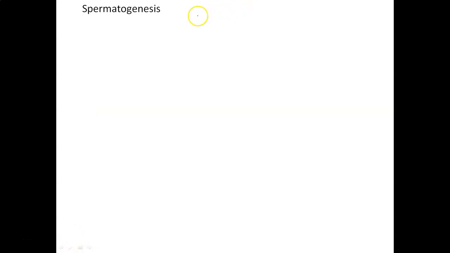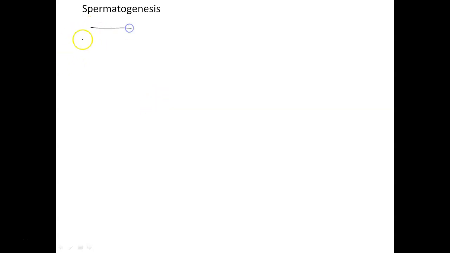So first I should start that at the embryo stage, the primordial germ cells develop inside the fetus from extra embryonic mesoderm.